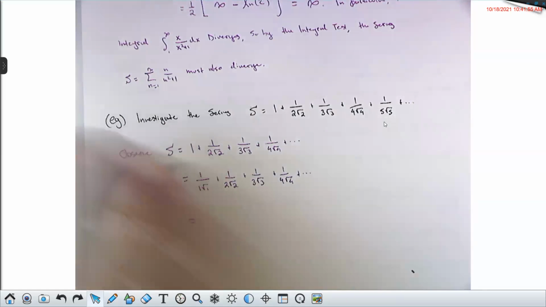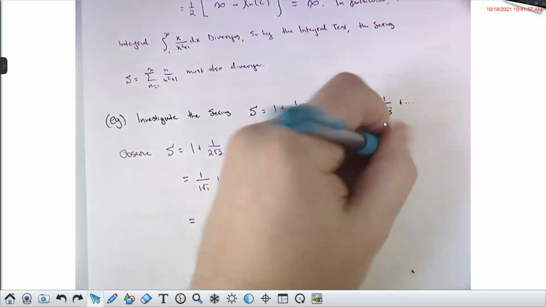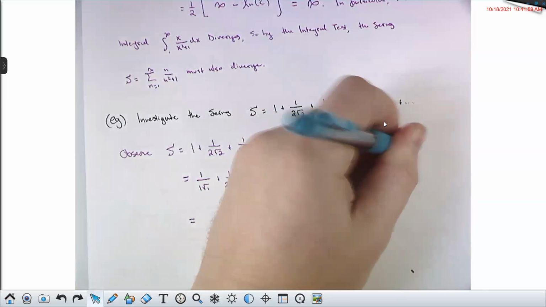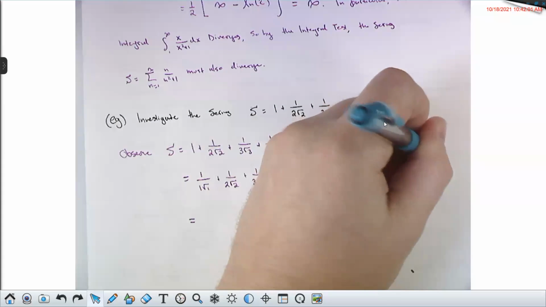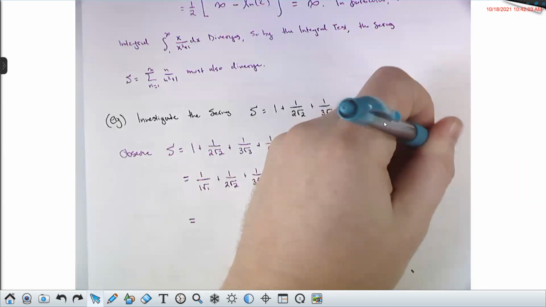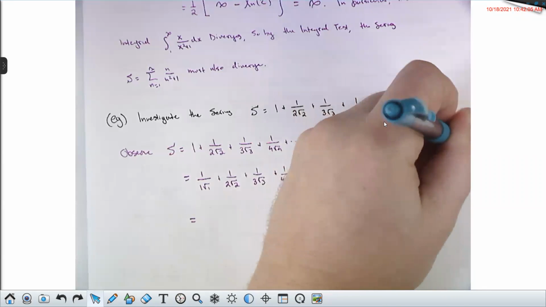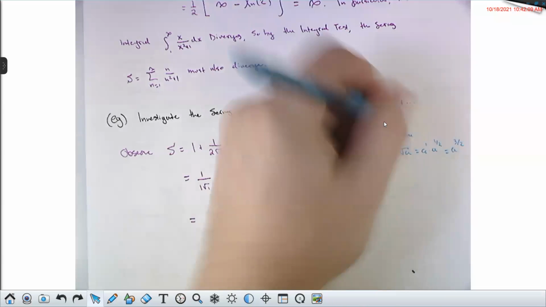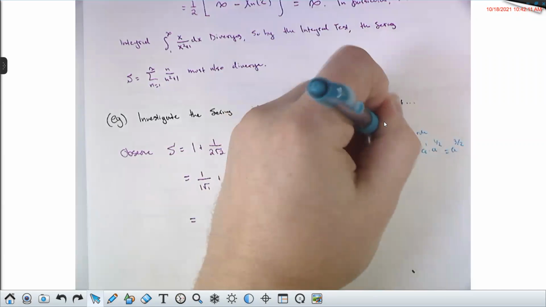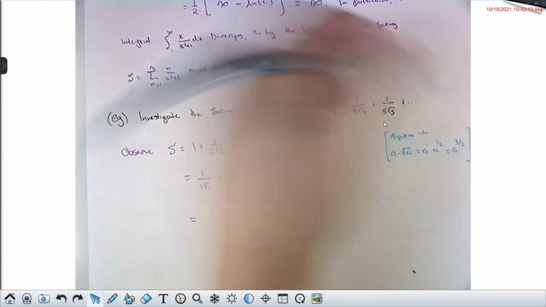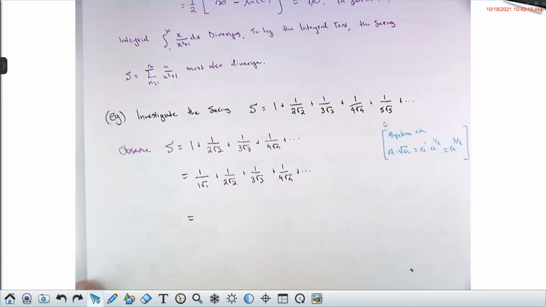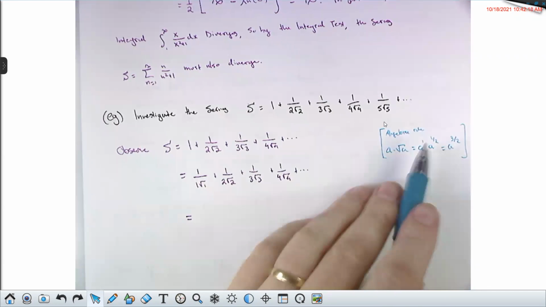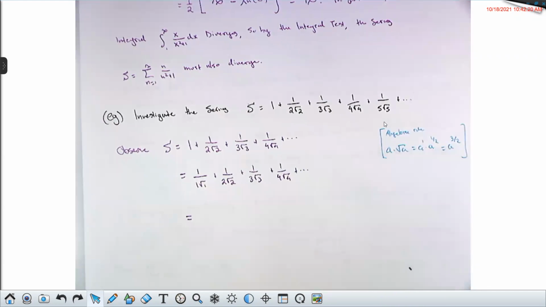Now, in general, a times the square root of a is a to the 1 times a to the 1/2, which is a to the 3/2. Here's the algebra rule: something times the square root of itself is that thing to the 1 times that thing to the 1/2.